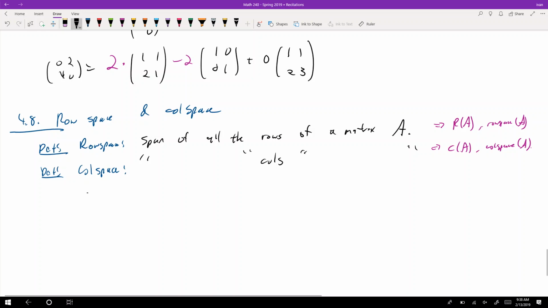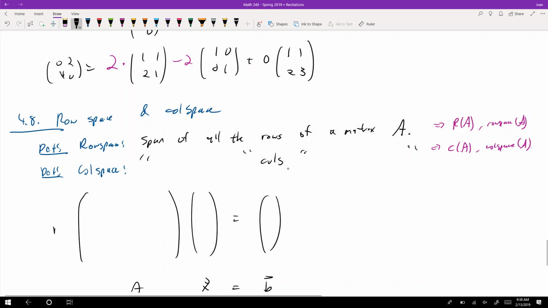So let's go to this drawing again, of Ax equals b. Remember, A is m by n, x is n by 1, b is m by 1. If I take a row of that matrix, what's the dimension of the row? It's n, right? It's a 1 by n vector. And what about the column?